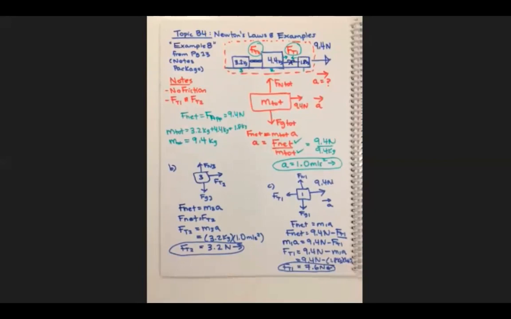So we substitute our numbers into that new equation we derived based on the free body diagram of object 1, and we get 7.6 newtons.